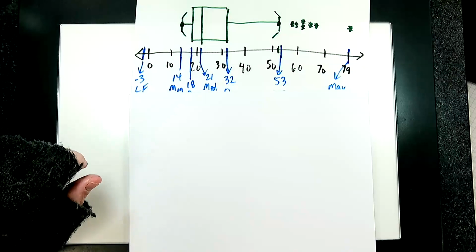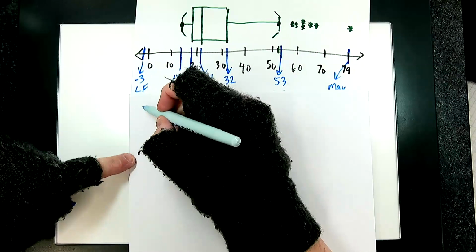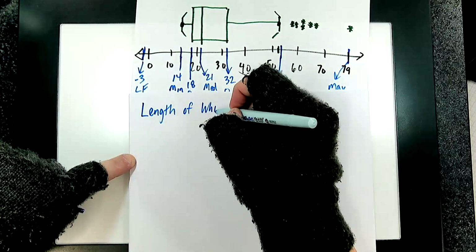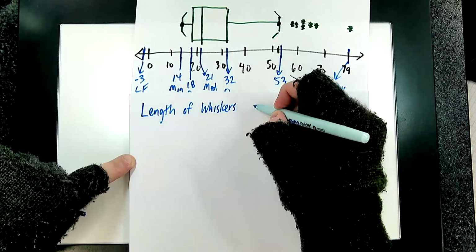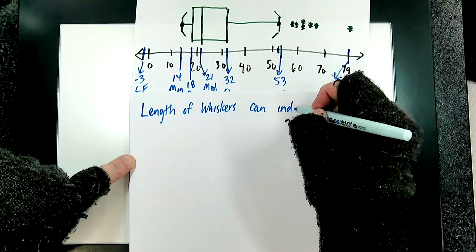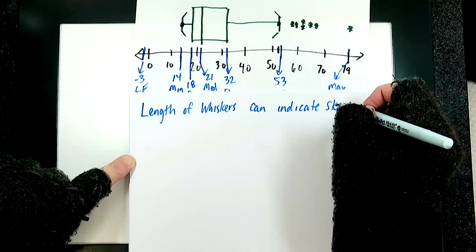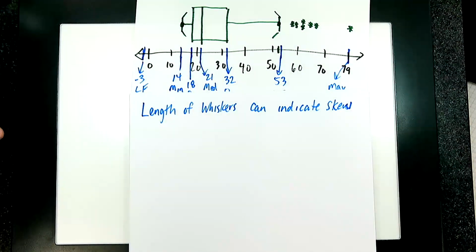The length of the whiskers can indicate skew. And sometimes the whiskers aren't the same length, or they are the same length, but it's still skewed.